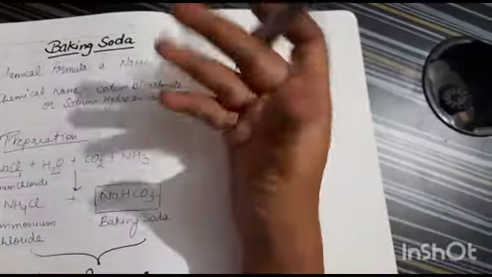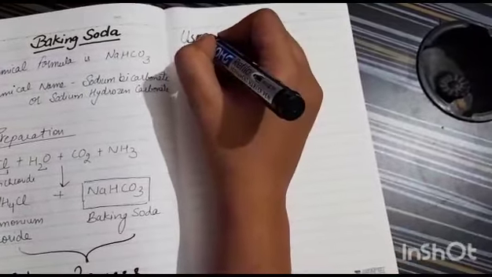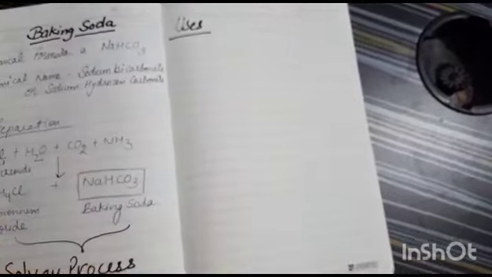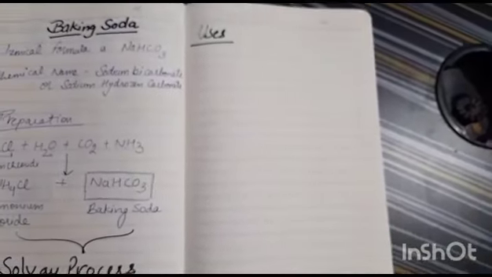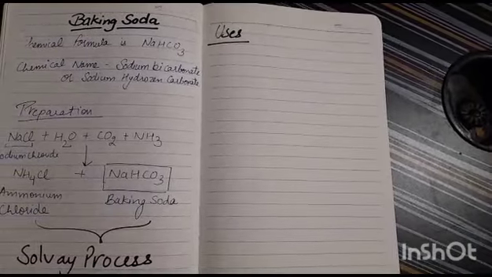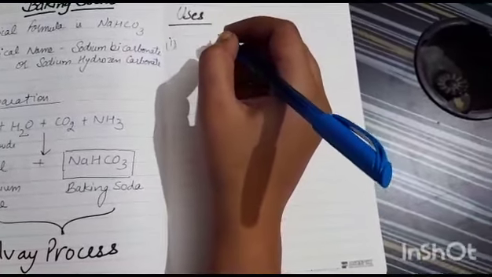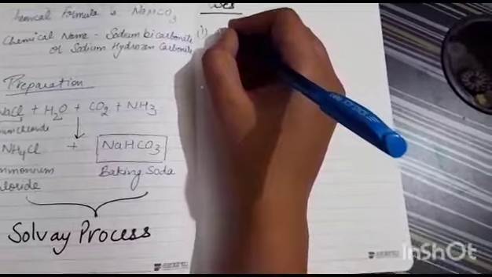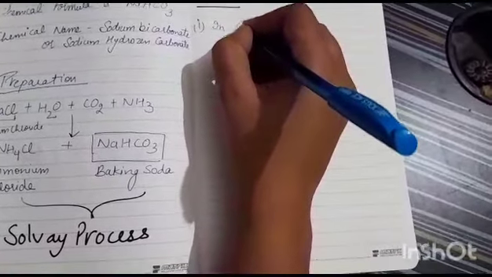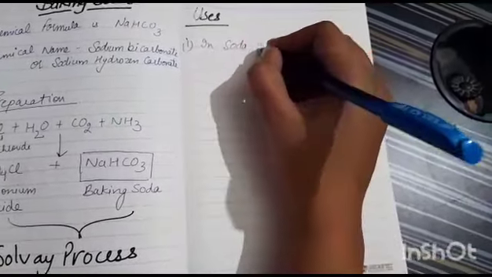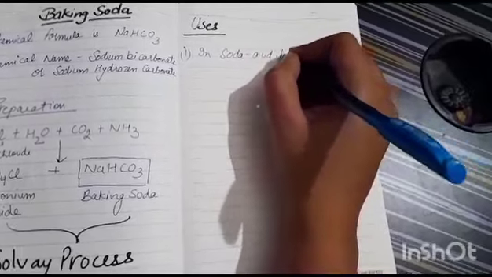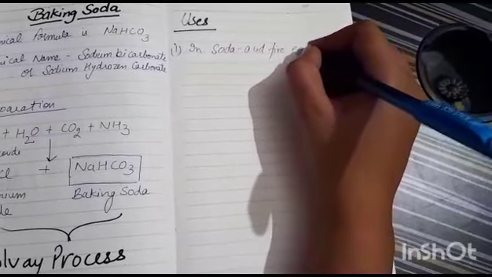Now what are the uses of baking soda? The first use of baking soda is very common and widely used in soda acid fire extinguishers.